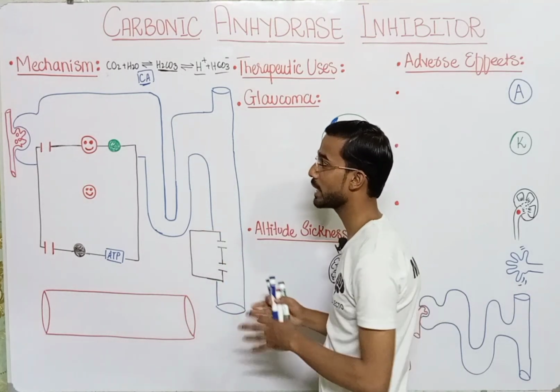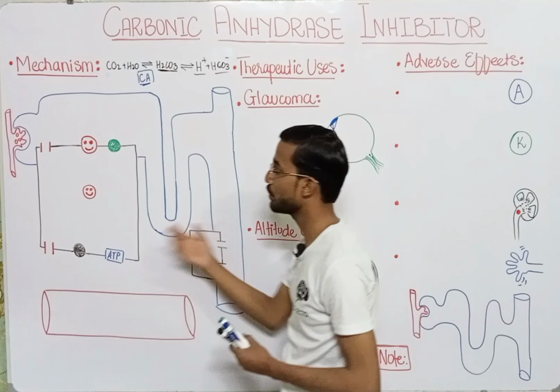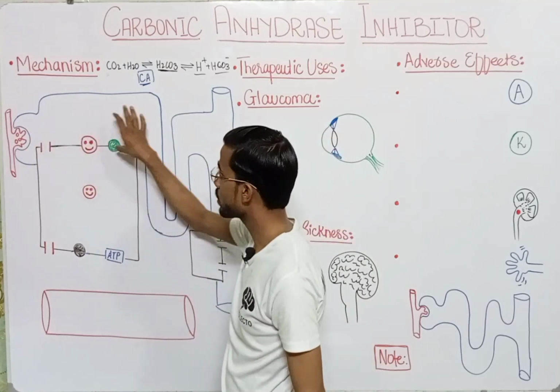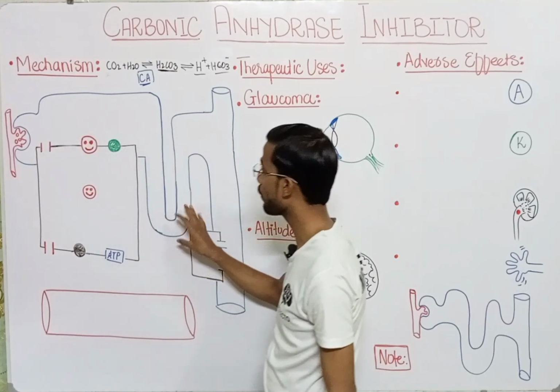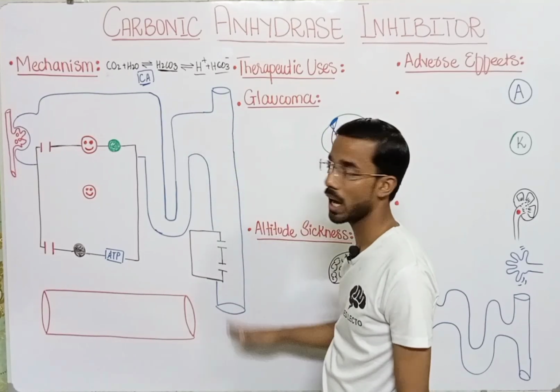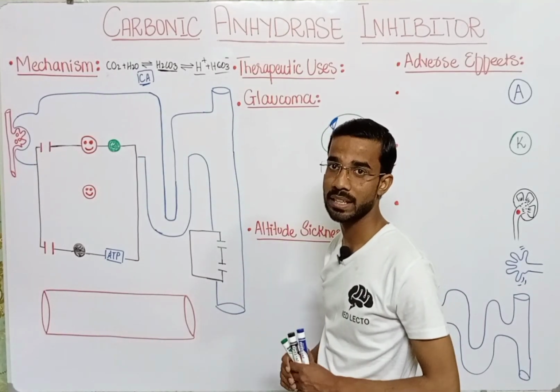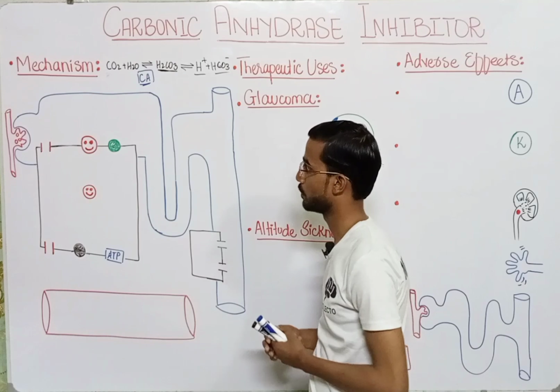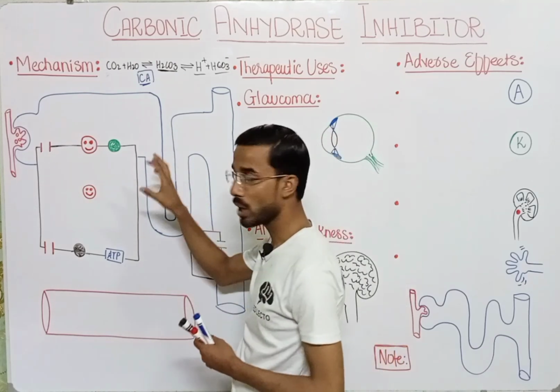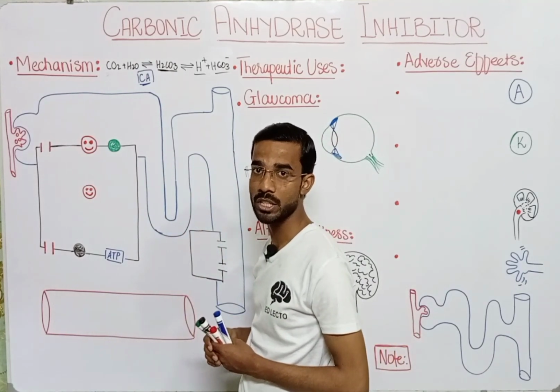Here is the structure of the nephron and its different parts: the glomerulus, proximal convoluted tubule, loop of Henle, distal convoluted tubule, and lastly the collecting duct. We focus on the proximal convoluted tubule.